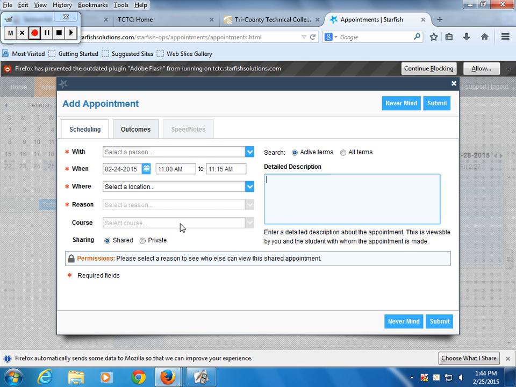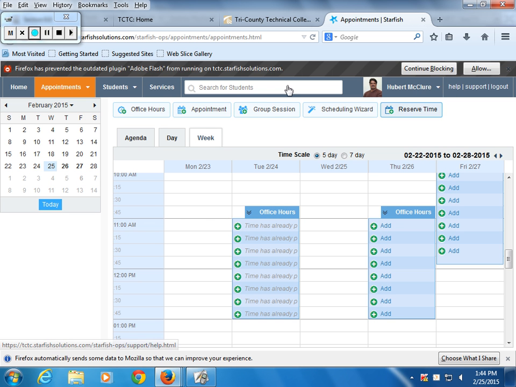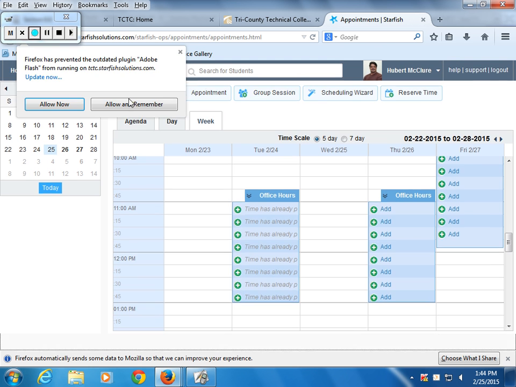Is any of my advisees in here? You don't know? If you don't know who your advisor is, you can go on your portal and find it. I think it's under DegreeWorks, I know, but hold on a minute. Let me see if I can find it.